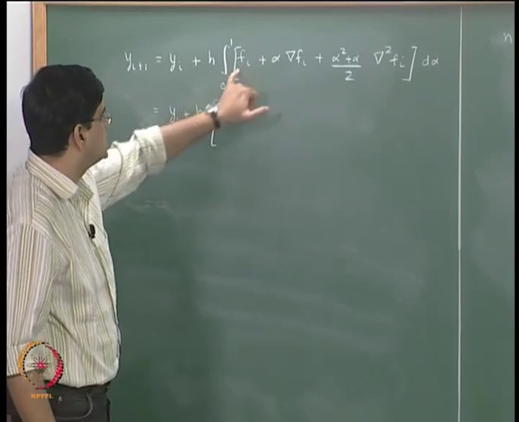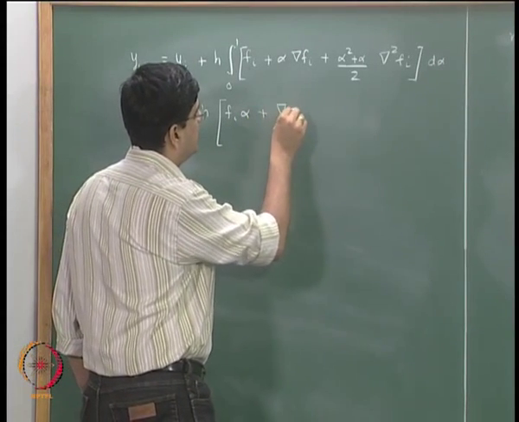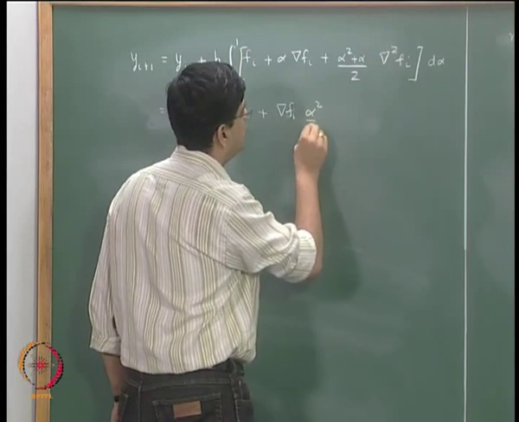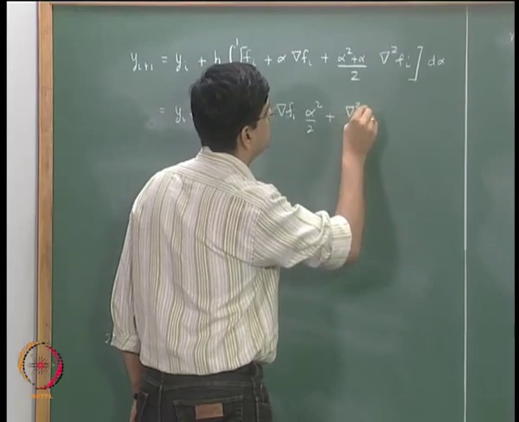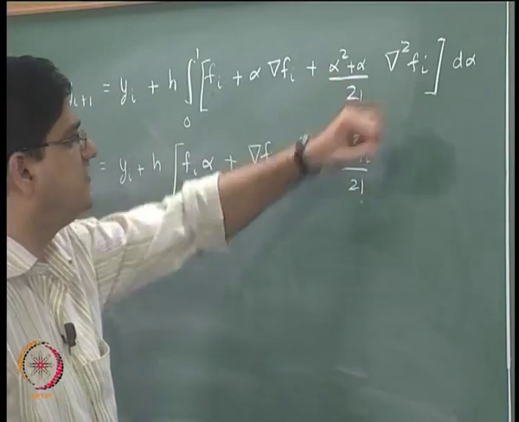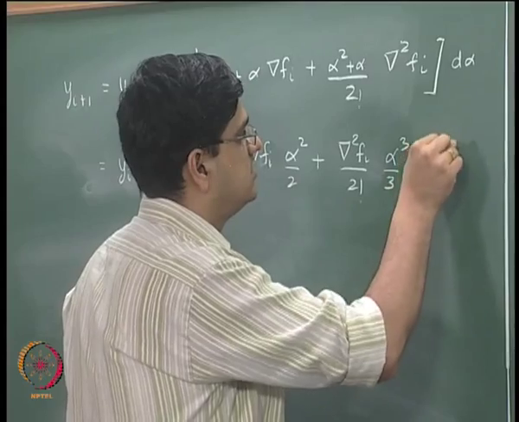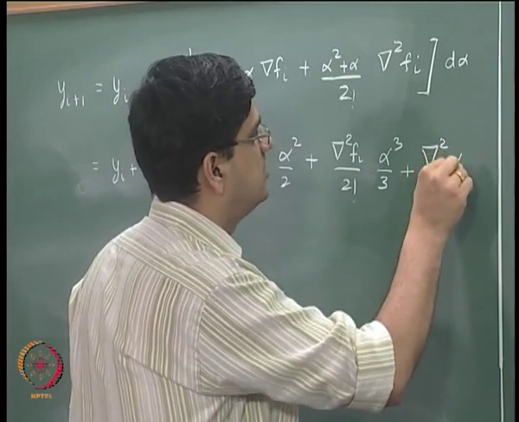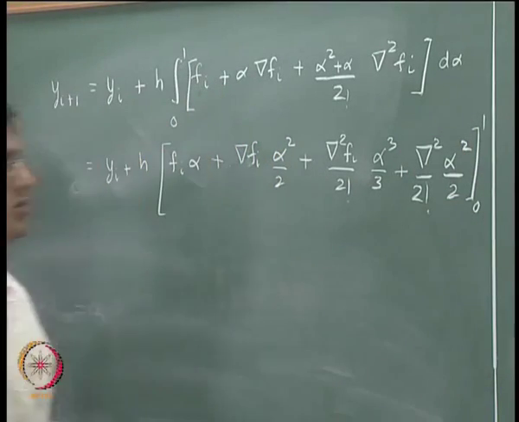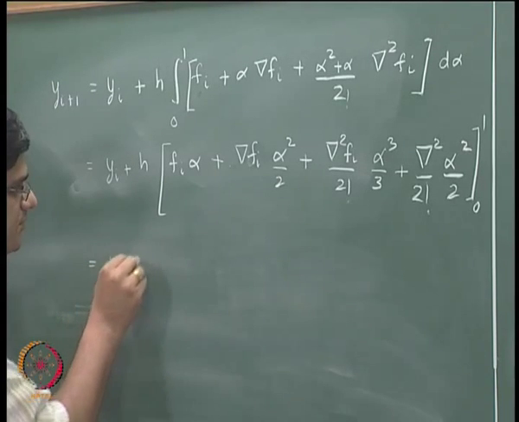So now we are just integrating this, there is no alpha over here, so it is going to be fi alpha plus del fi alpha square by 2 plus del square fi by 2 factorial multiplied by integral of alpha square d alpha, that is going to be alpha cube by 3 plus del square by 2 factorial alpha square by 2, alpha going from 0 to 1, okay, and that we will be able to write as yi plus h.